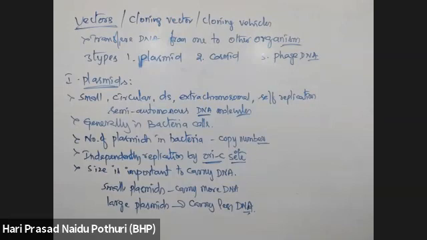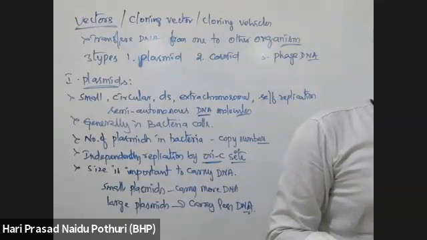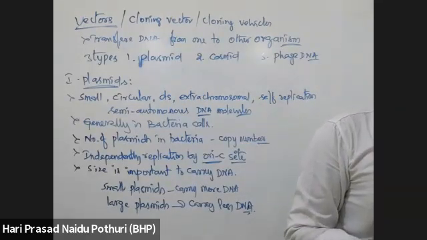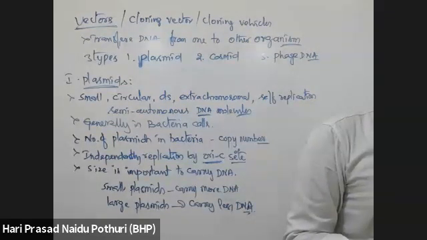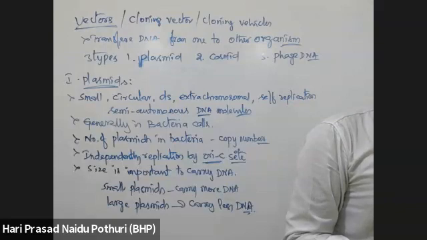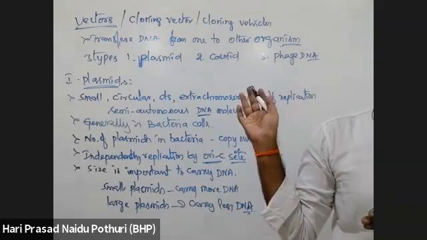Transformation, transduction, conjugation, electroporation, like that some methods are there, where the gene is first introduced into the vector, and that is called rDNA. A vector with the desired gene is called rDNA. That rDNA is introduced into a host cell with the help of some methods. If we add it to the culture medium directly, it is called transformation. Electroporation, gene gun method, some methods are there, we will see later.